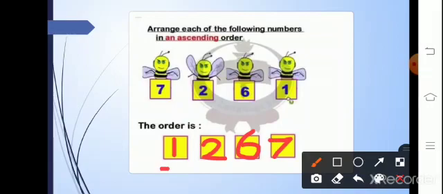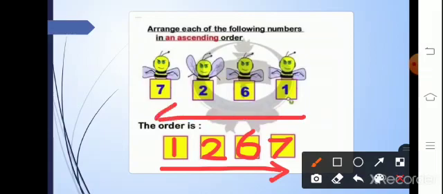This is ascending order. We write these numbers in ascending order from smallest to greatest. But when we write from greatest to smallest, backward, from 7, 6 to 1, then this order is known as descending order. This is ascending order and this is descending order. Got it?